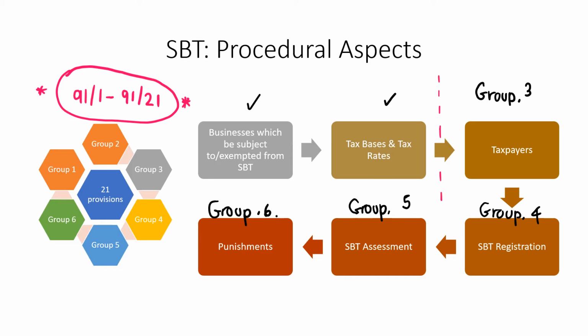And Group 6 is about the sanction or punishment in case you do not comply with Chapter 5 of the Revenue Code. So this is the scope of the procedural aspect of specific business tax. This is what the law provides us.